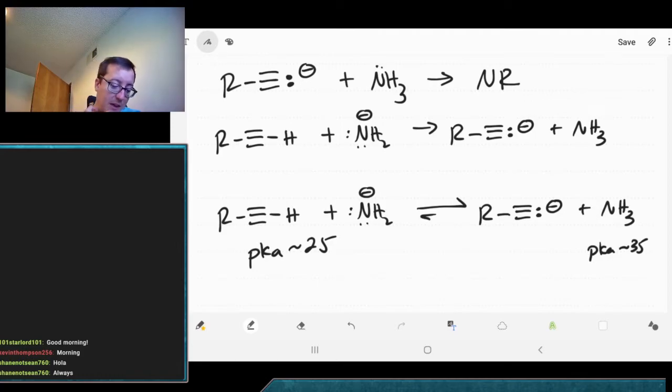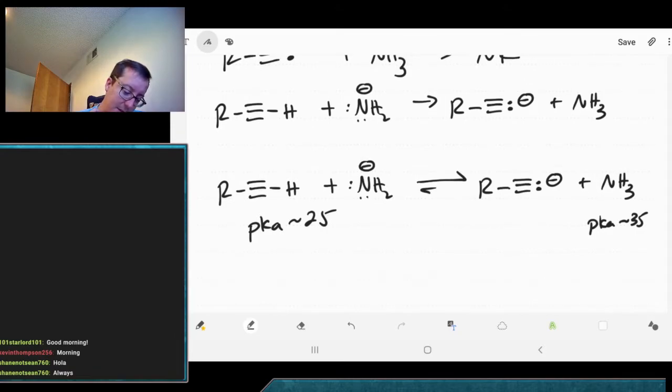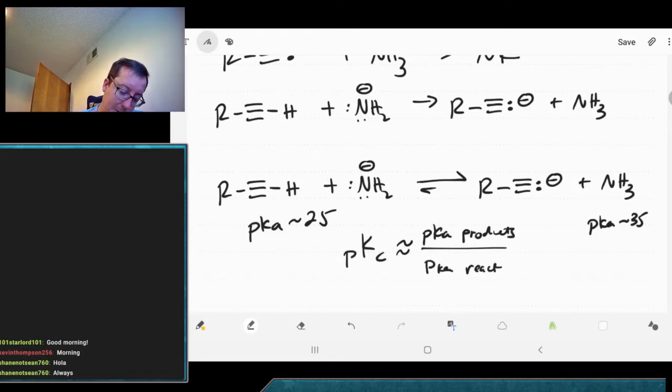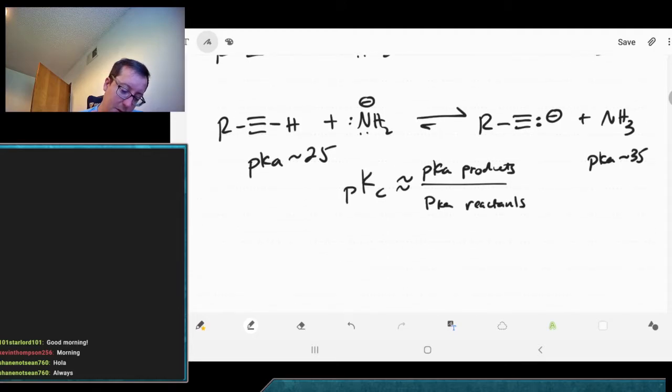If we want to evaluate a Kc for this, we can say the pKa of our products over the pKa of our reactants, or is it the difference?